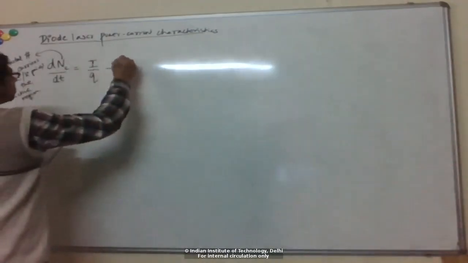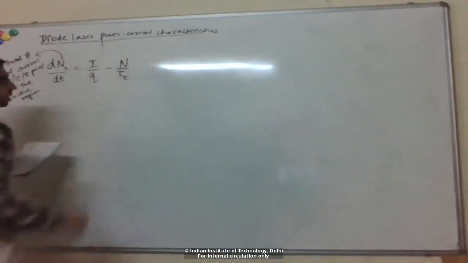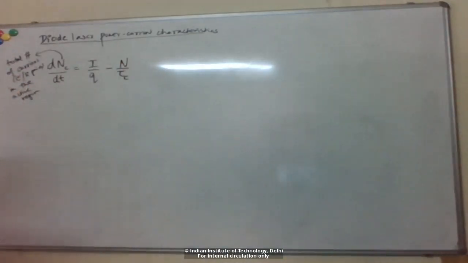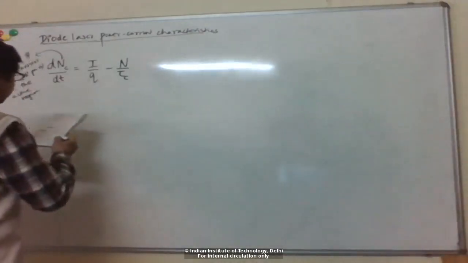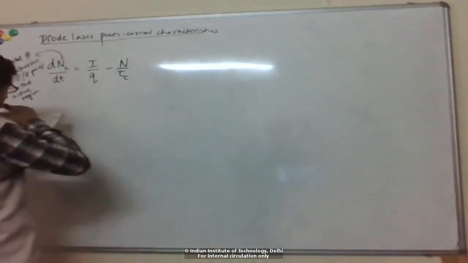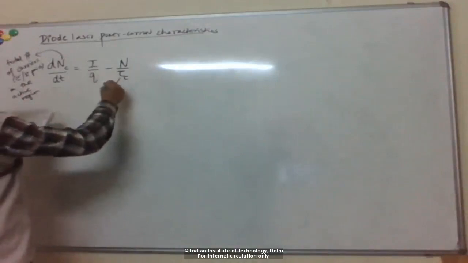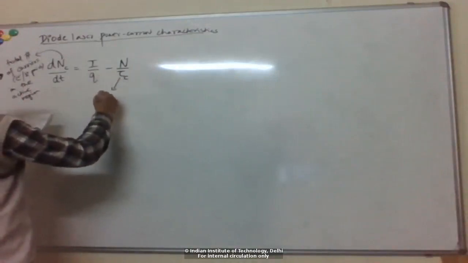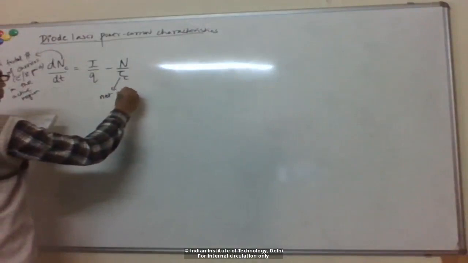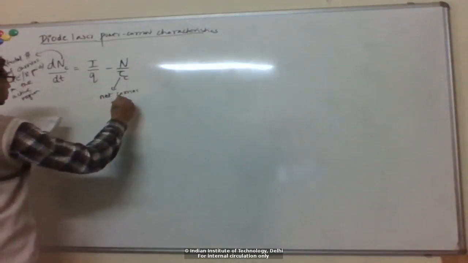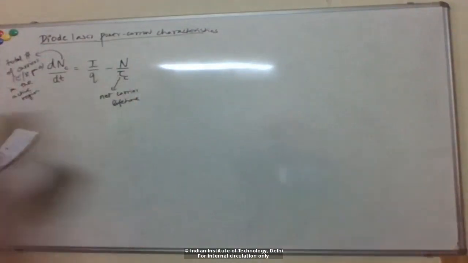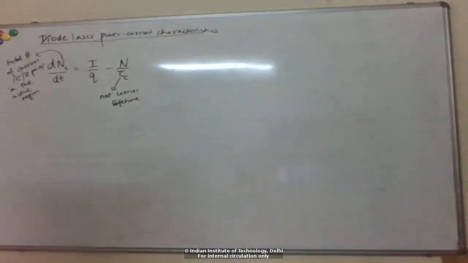The carrier concentration goes down because of recombination, right? So this tau sub C is the net carrier lifetime. This was a combination of the radiative and non-radiative rates.